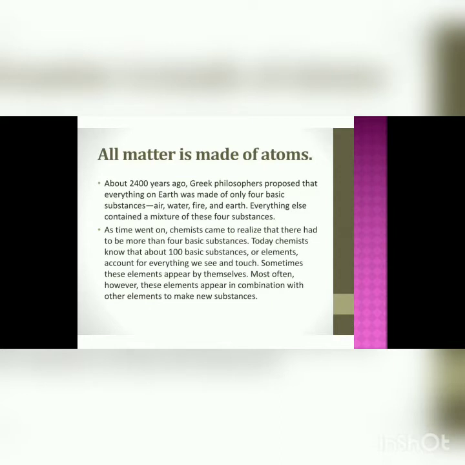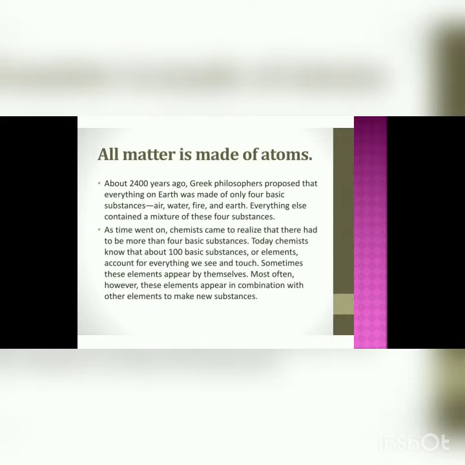Every element has its own type of atom. There are a total of 118 elements present in nature, and these 118 elements have their own types of atoms. The atoms of each element are different from the atoms of every other element.